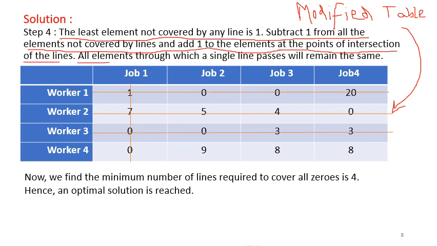All elements through which a single line passes will remain the same. So based on that, you have got this particular modified table, and in that table again cover all zeros by the minimum number of lines. The minimum number of lines required here will be 4. Since this 4 is equal to the order of the matrix, we say an optimal solution is reached.